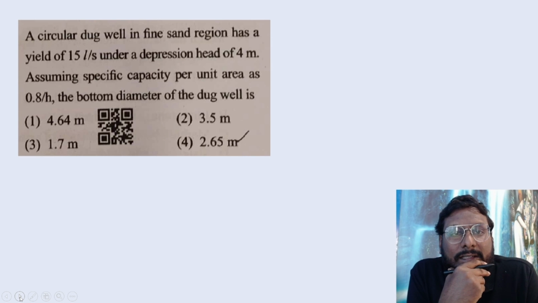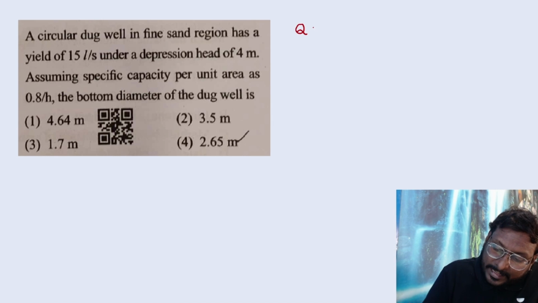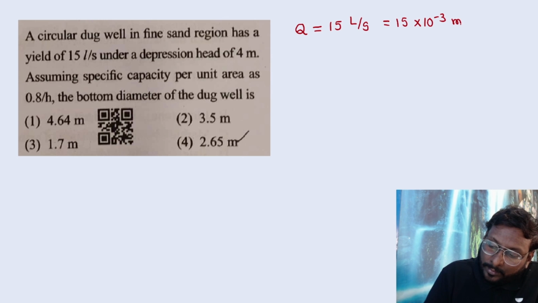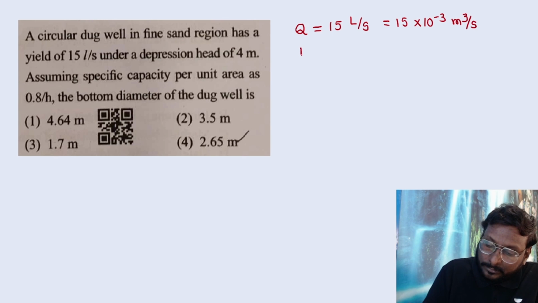Circular dug well, fine sand region, has a yield of 15 liter per second, that is 15 into 10 raised to minus 3 meter cube per second. Depression head of 4 meter. Specific capacity per unit area C is 0.8 per hour.